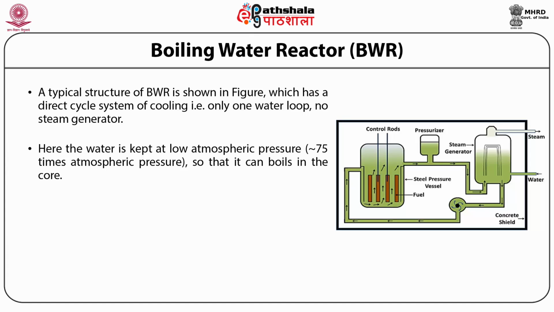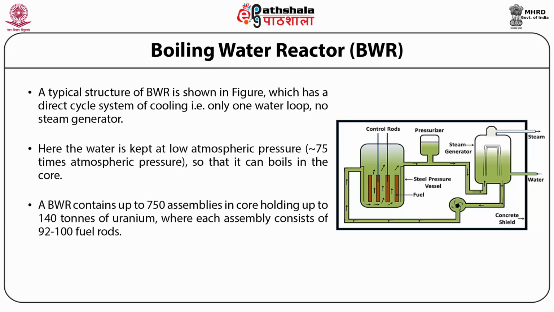In a BWR, the core is located close to the bottom end of the reactor pressure vessel, and consists of uranium oxide fuels clad with Zircaloy-2 cladding tubes.